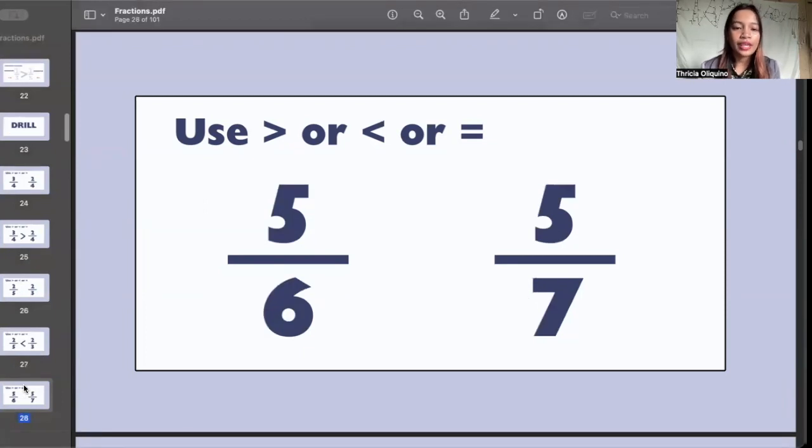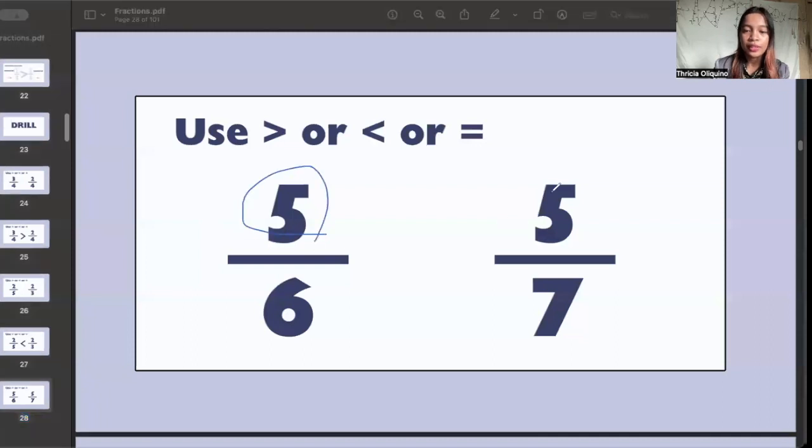Now, when we have again 5/6 and 5/7, we have 5 as their numerator, but we have 7 and 6. 7 is larger than 6, and it should be reversed.